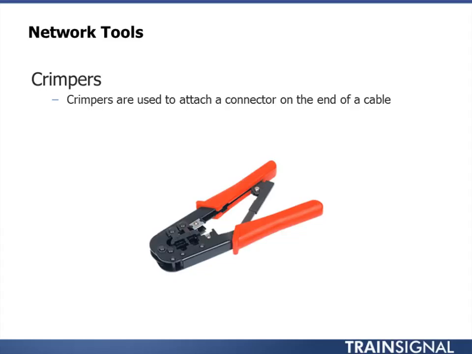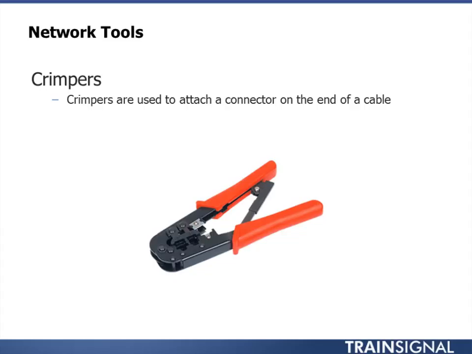It's something called a crimper. It's the crimper that is going to actually be used to attach the connector to the end of a cable. Now, this particular tool that I have illustrated on the screen happens to be more than just a crimper. I just wanted to mention that lots of times you will have multiple tools all in one tool.